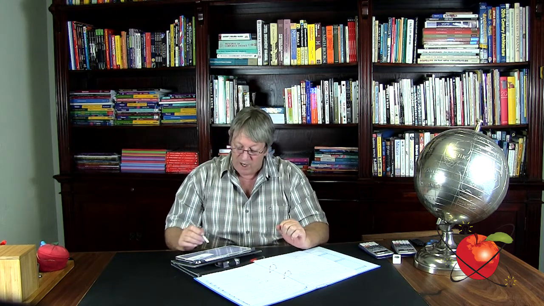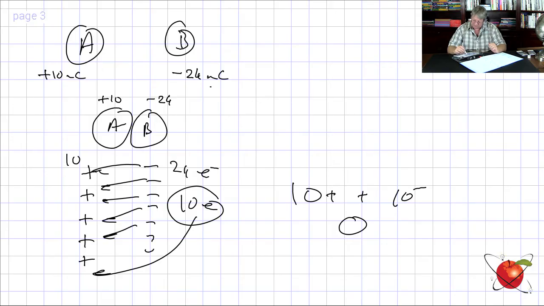What are we left with? Well, 10 have gone. We're left with 12 electrons, times 10 to the minus 3 millicoulombs, correct? We can now put that back, right? With me?